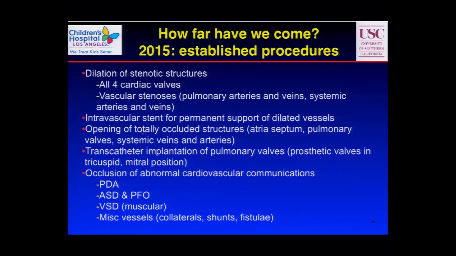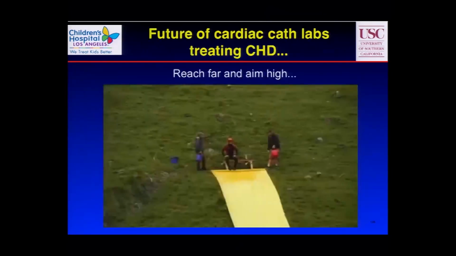We can even open totally occluded vessels, as well as the atrial septum using various transseptal techniques. We have transcatheter pulmonary valves, and we've put them in the other valves as well. We've closed all kinds of septal defects and abnormal cardiovascular communications. We've gone a far way.